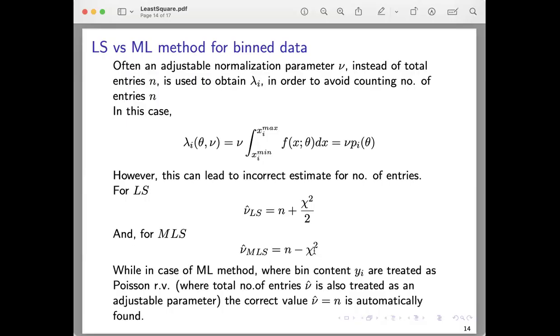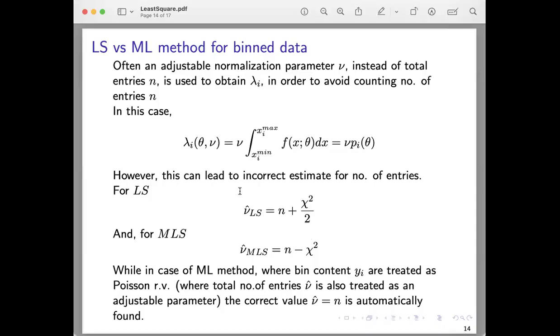So if you have a large number of bins, this value of chi-square by 2 or chi-square will be some large number. In that case, the estimated value of mu will not be exactly n, but will deviate from n by a large number.